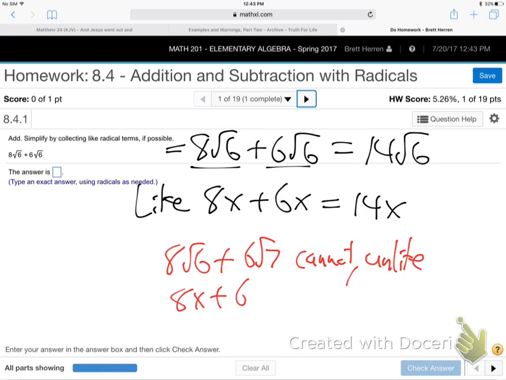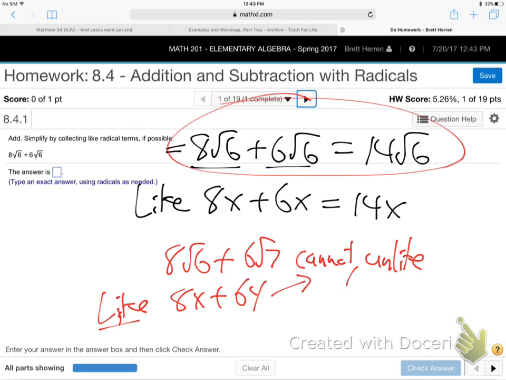It's like 8x and 6y. Does that make sense? So if the roots are different, it's like having different letters. You can't do it. So when it comes to adding and subtracting roots, it's all about like roots. If the roots are like, you can add and subtract the numbers in the front.